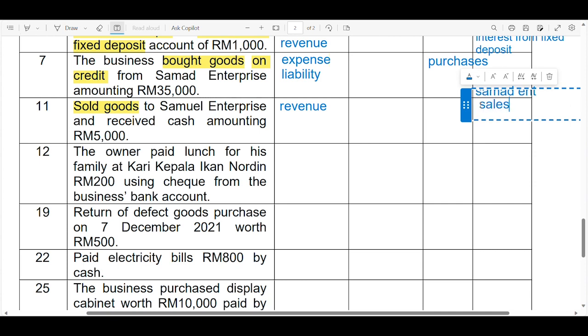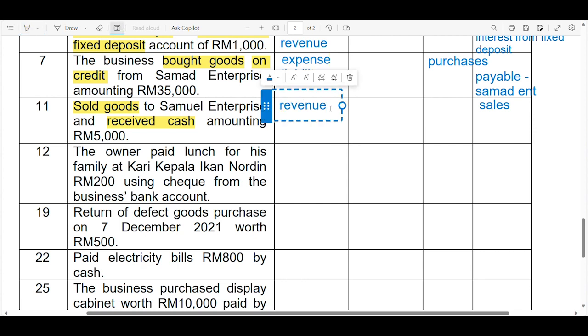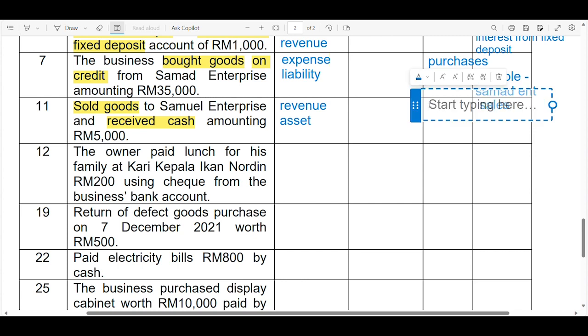Yes, sales. And then when the business sold goods, the business received cash. So other than increase in revenue, there is also an increase in asset. Increase in asset, you debit the asset account. Which asset account to be debited due to this transaction? Cash. Good.